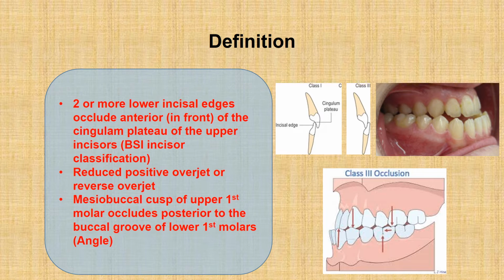The overjet is reduced, or there may be a reverse overjet. The mesiobuccal cusp of the upper first molar occludes posterior to the buccal groove of the lower first molar, and this is the Angle classification of a Class 3 malocclusion.